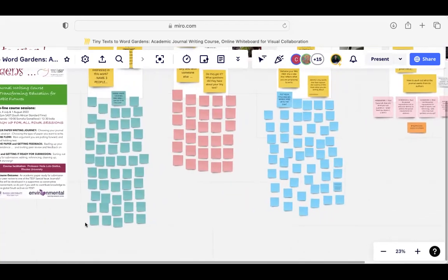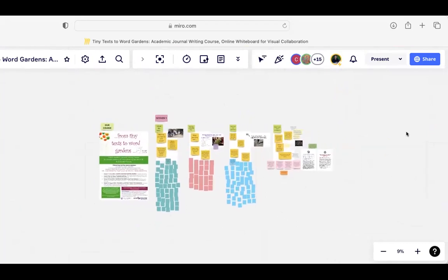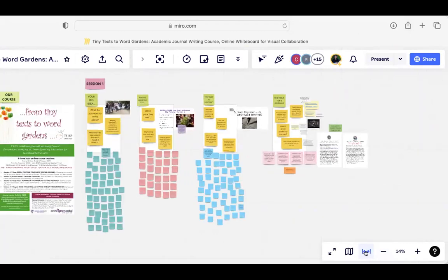The other thing about the Miro board is that when you get a Miro board in front of you, it can be a bit confusing to find your way on it. One of the ways of dealing with that is to come to the bottom corner here. You can see the bottom corner, and there's a little double-sided arrow, and it says fit to screen.